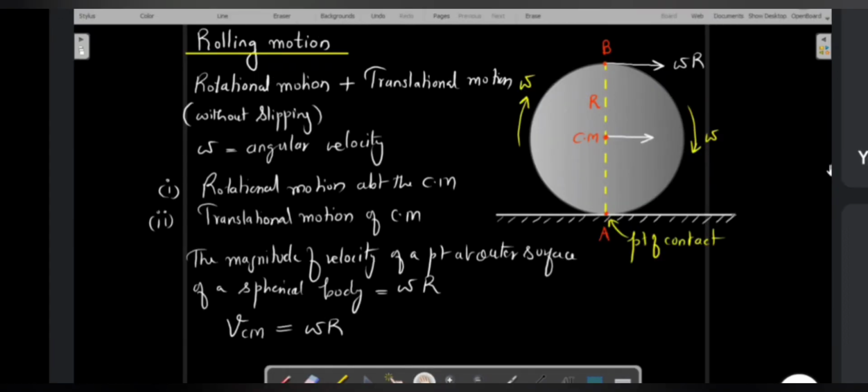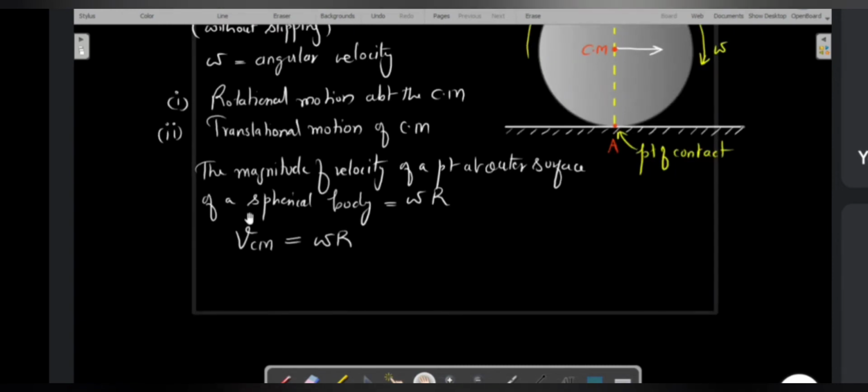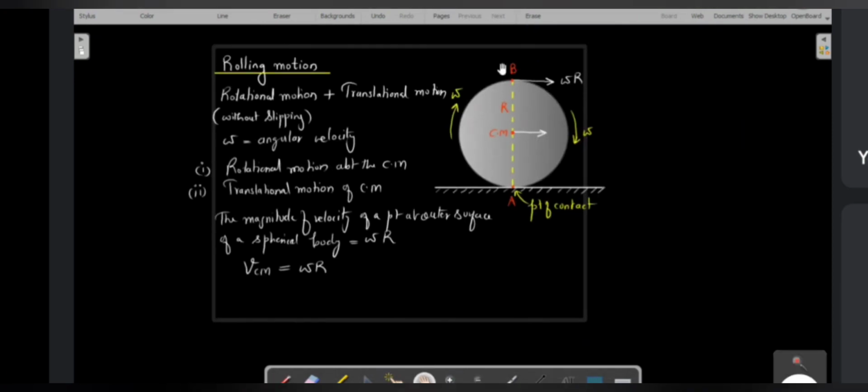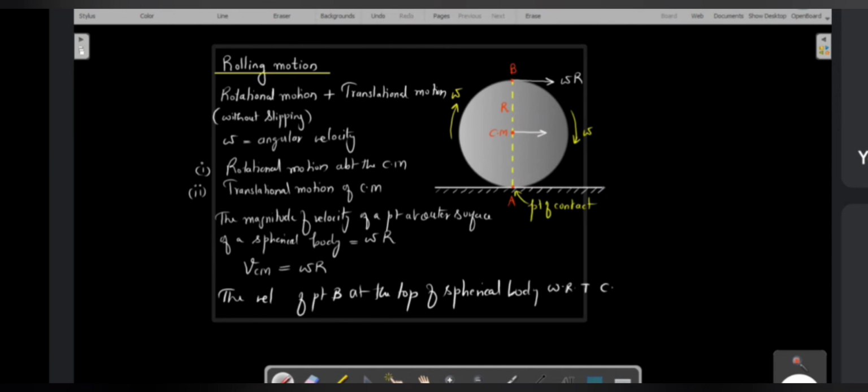Alright, so this is the velocity with which the center of mass is moving forward. So if I want to find out the velocity of this point B, how can I find out? See, the velocity of point B at the top of the spherical body, the topmost point, I want to find out its velocity with respect to the center of mass.